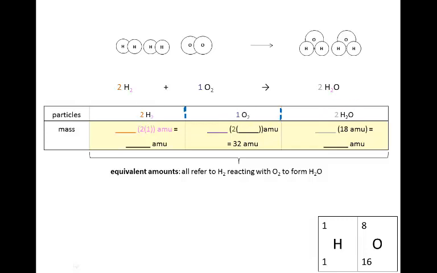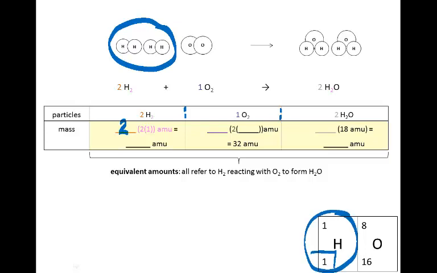Now remember that these numbers here can refer to molar mass or relative atomic mass. And here we're counting just a few molecules, so we are going to measure their mass in atomic mass units, AMU. So 2 hydrogen molecules would have a mass of 2 times 2 times 1 atomic mass units. Why?